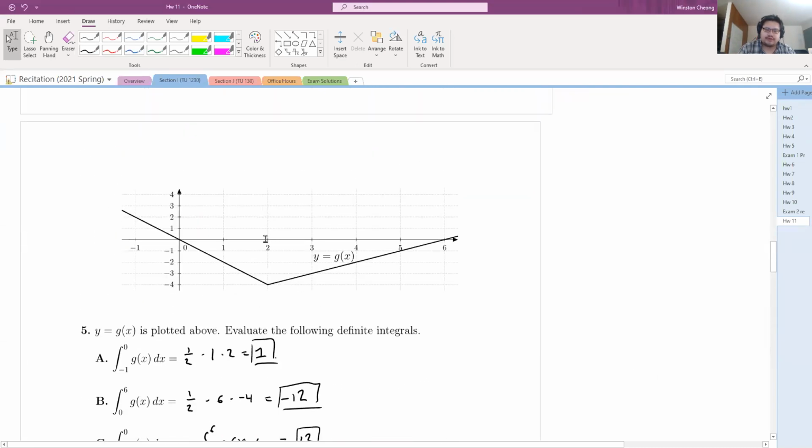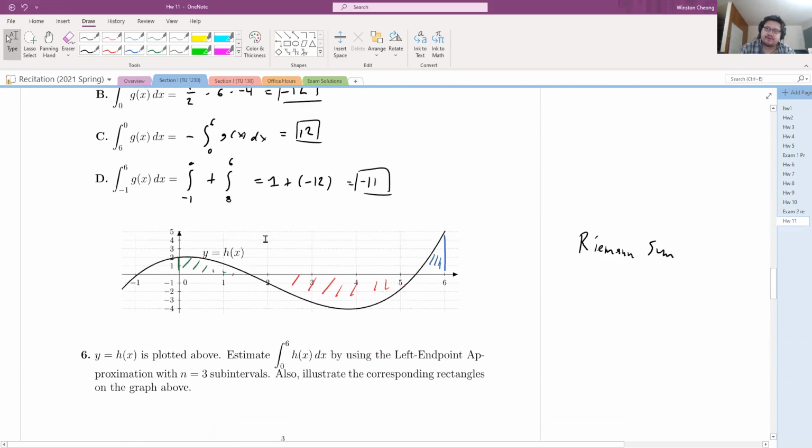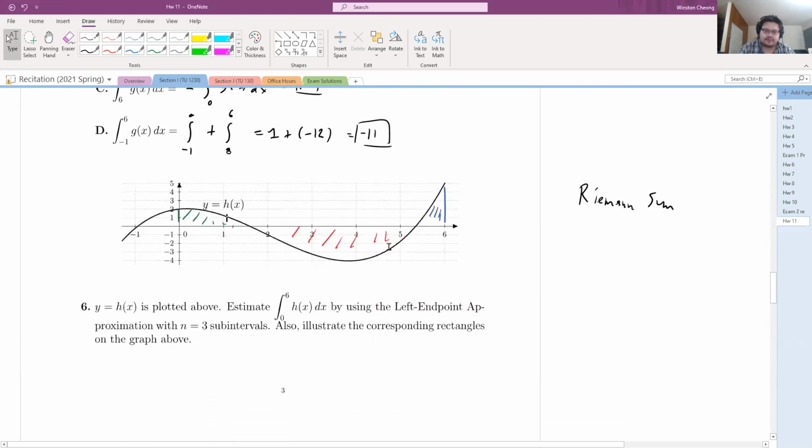In the previous, we had triangles, so we could easily calculate the area of a triangle. But here we've got these non-polygon type shapes. So the idea is instead we approximate the region using rectangles, and then we just use more and more rectangles.